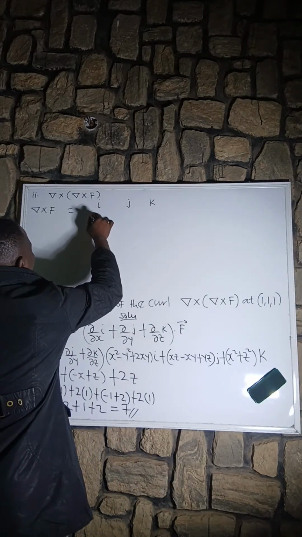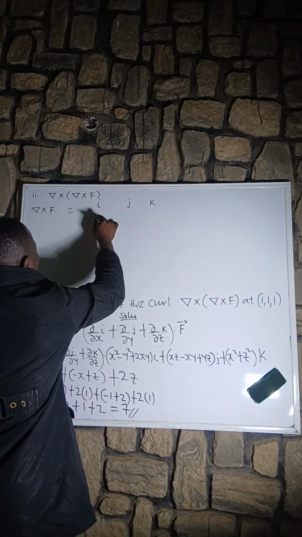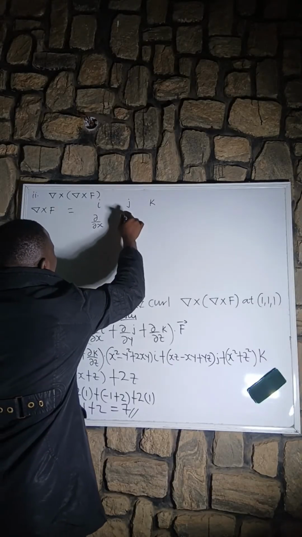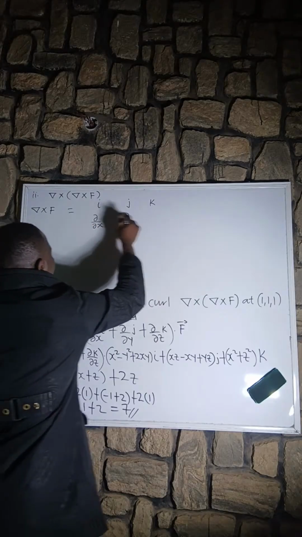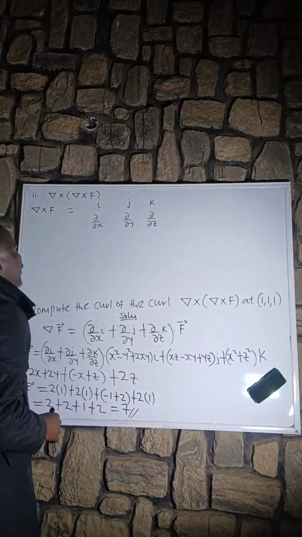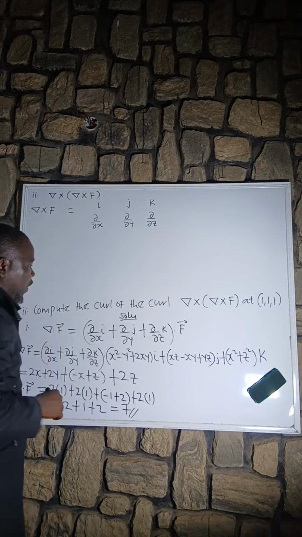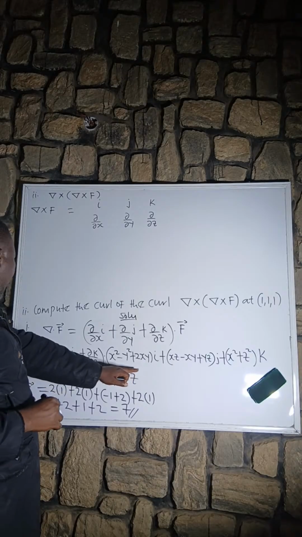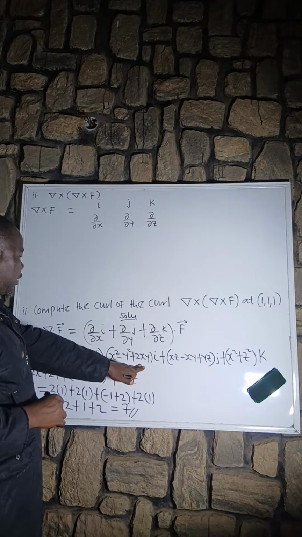Then here will be partial over partial x, then partial over partial y, and you see now, here will be partial over partial z. Then our vector function F is, where is it? Look at it here. So we have to write it here.